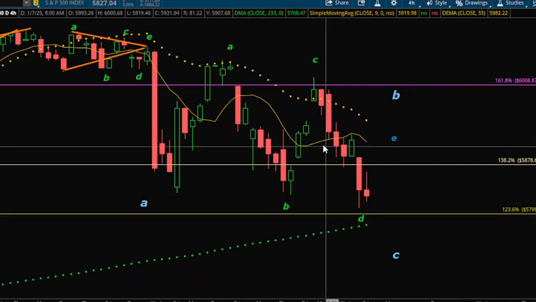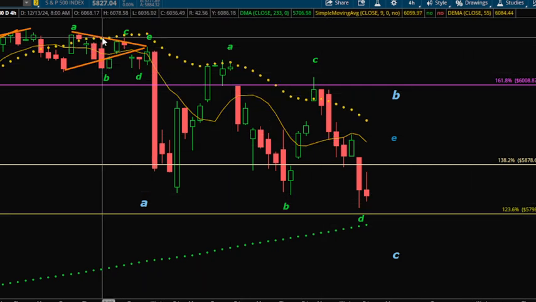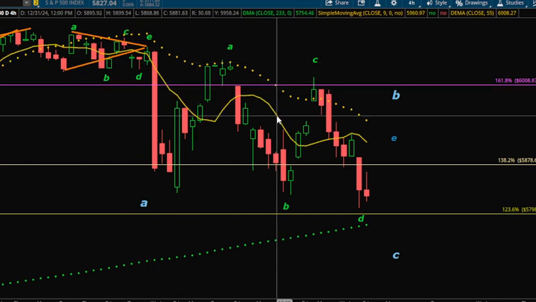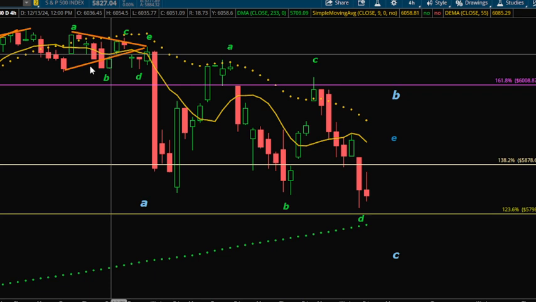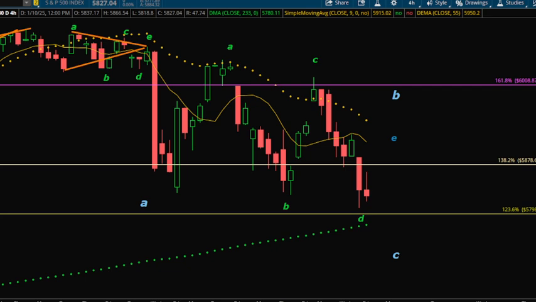Now, I've already checked the symmetry. So notice that if you draw these trend lines, you can't really get it accurate enough to forecast the last leg.